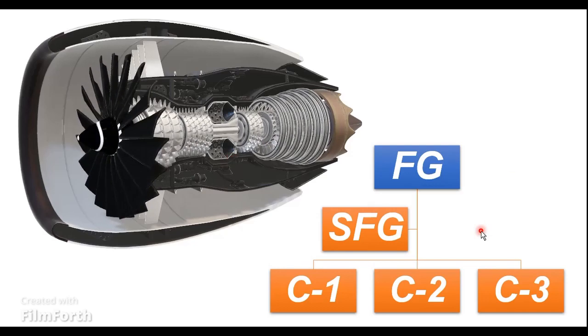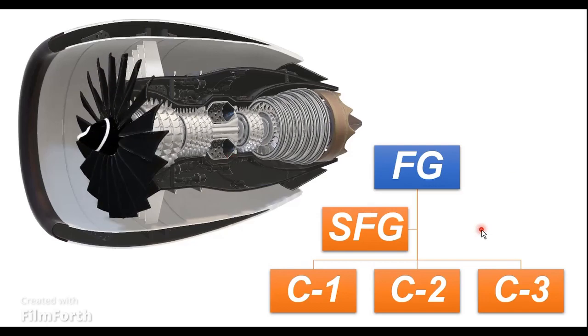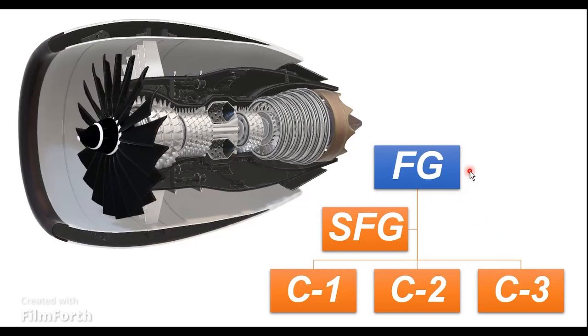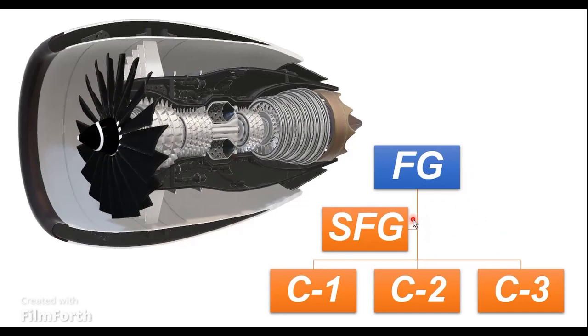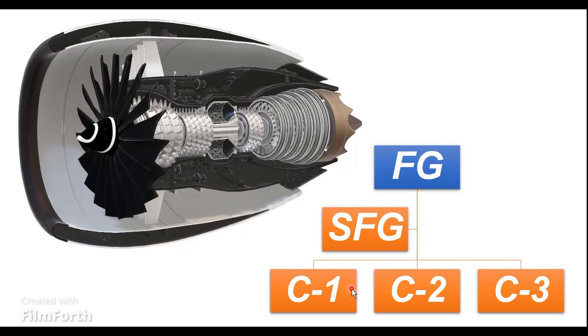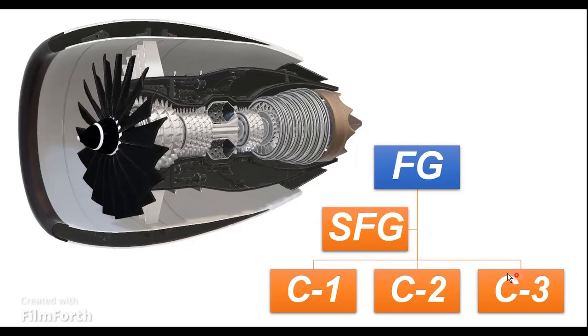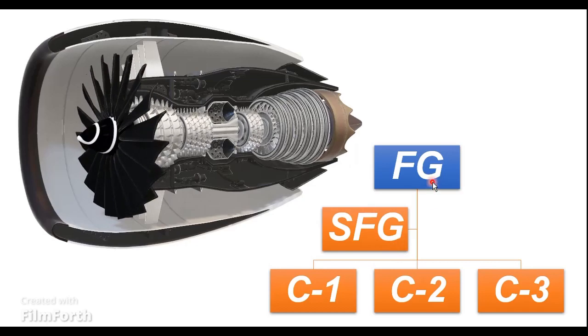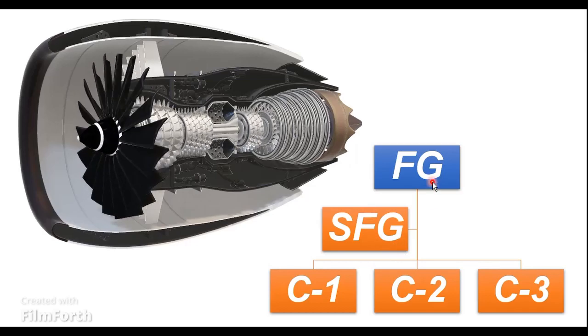But to simplify for the ease of understanding, I've just created a simple structure which has a finished product, and under that we have a semi-finished, and below the SFG we also have the components C1, C2 and C3. So these three are the components that will be used to manufacture the SFG, and then this SFG will be converted into a finished product after performing a few operations.